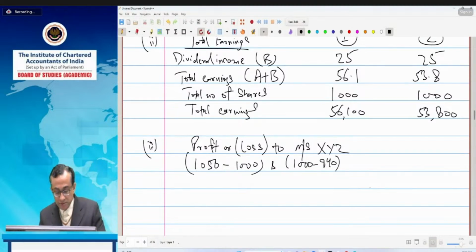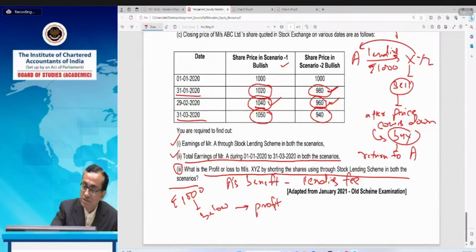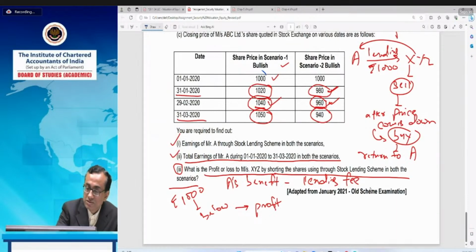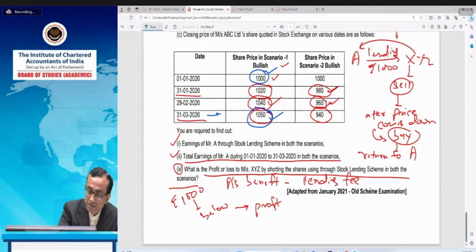If you observe the question carefully, in scenario 1, XYZ is actually suffering losses. Why? Because he has shorted it at 1000, but now he will have to purchase it back at 1050, because the price on this date, 31st of March 2020, is 1050.